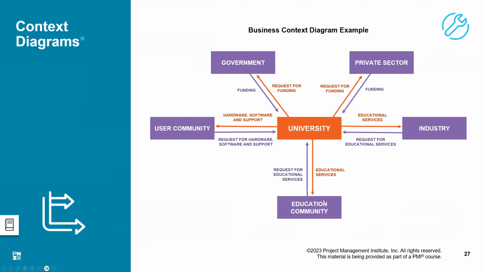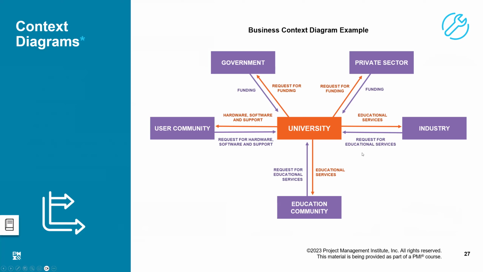For example, education community, they need to request educational services from us, the university, and we will provide them those. And you can see what is coming in, request is coming from where, and what is being given out. Again, to the industry, we have the same relation. They request the education services and we provide them.